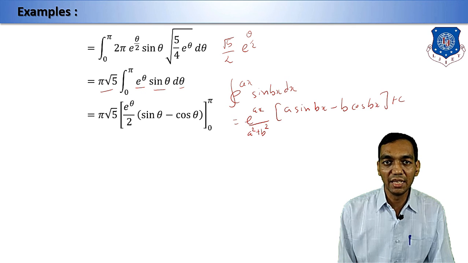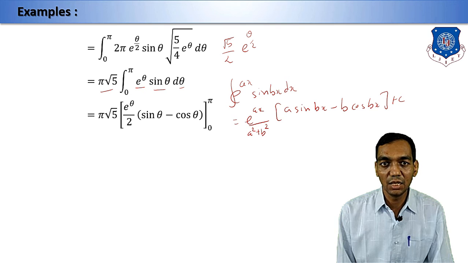Correct? So a is 1 and b is also 1. So you have e raised to theta upon 1 square plus 1 square, that will be 2. a sine, that is 1 into sine theta, minus b into cos, that means minus 1 into cos theta. So you will have the value e raised to theta by 2 into (sine theta minus cos theta), and limit is from 0 to pi.